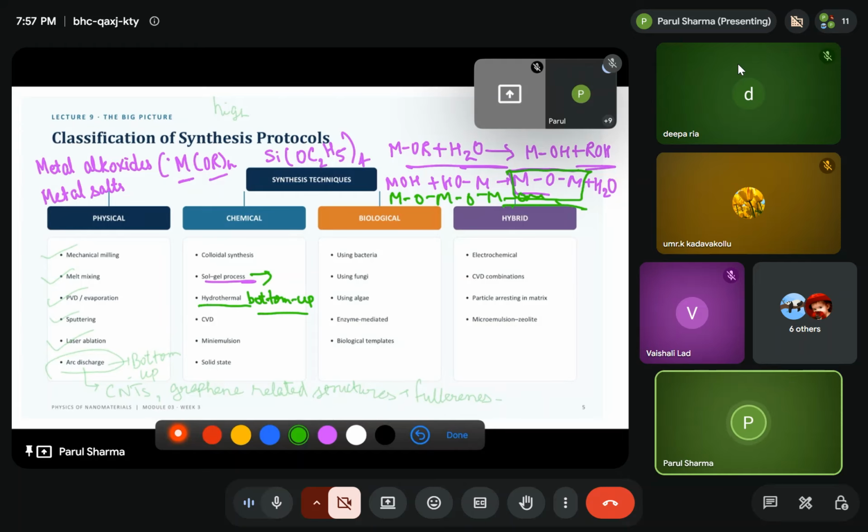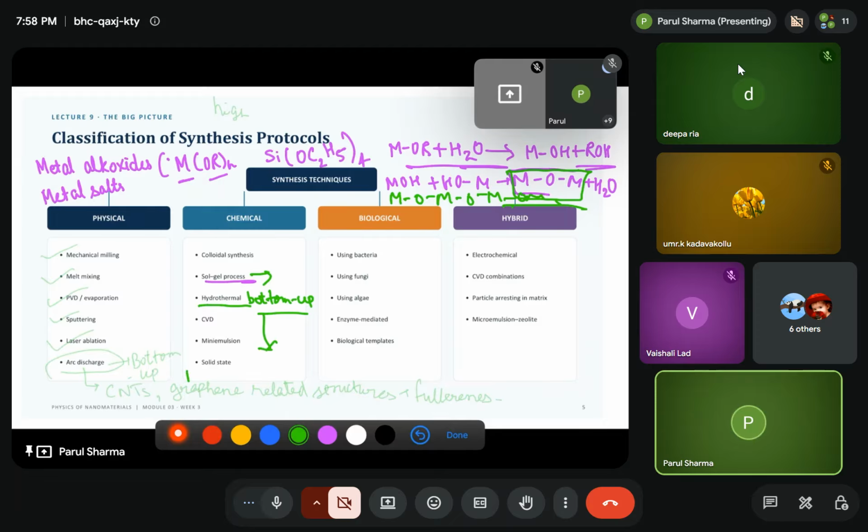So what is the basic idea? Hydro means water and thermal means temperature. So the word itself is saying that the reaction will take place in water at elevated temperature and pressure inside a sealed vessel.